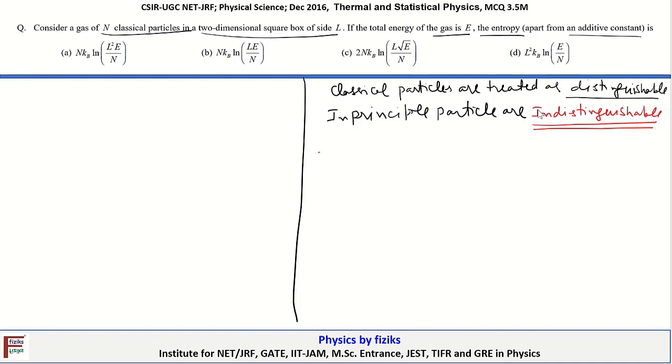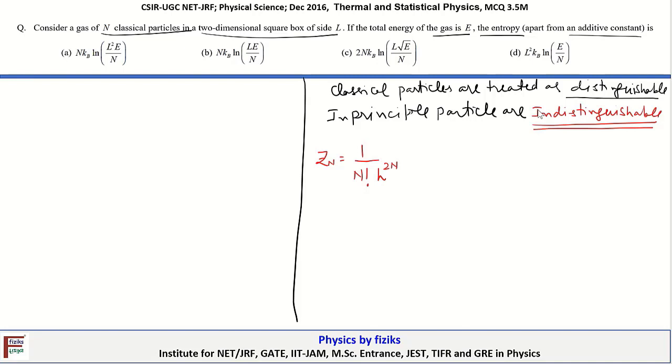Okay, so for an n particle system, the partition function is given by 1 upon n factorial and h power 2n here, because here we are talking about a two-dimensional system. If the problem is in a three-dimensional system, then we would have divided by h power 3n here.